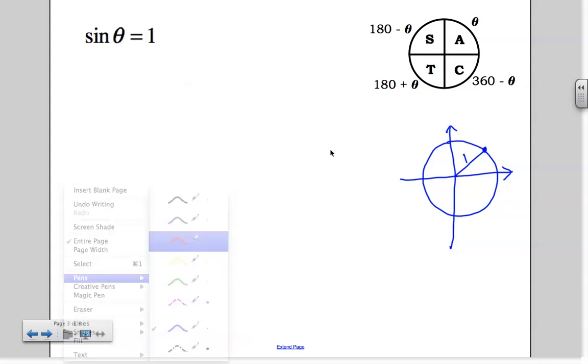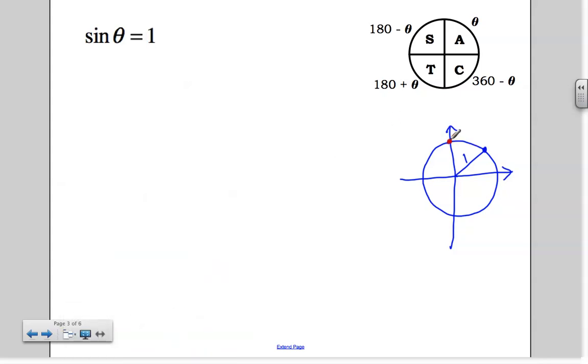Because our circle has a radius of 1, that's going to be the point 0, 1. And then there, it's going to be minus 1, 0, and 0, minus 1, and of course 0, 0.